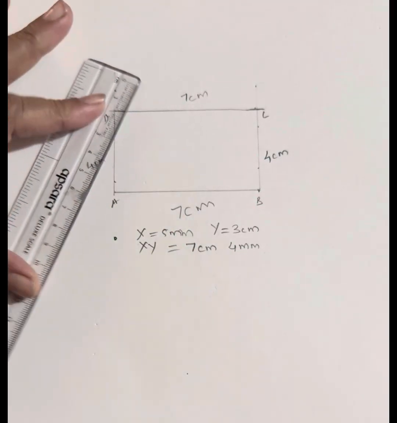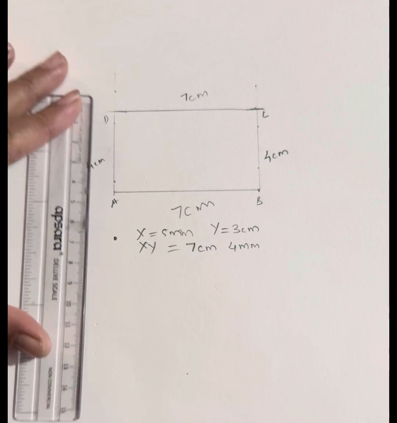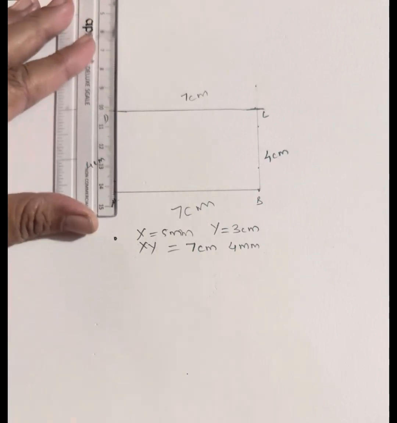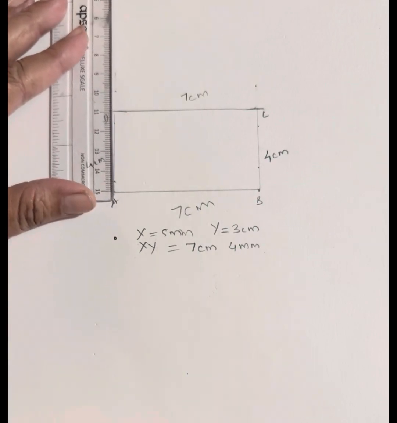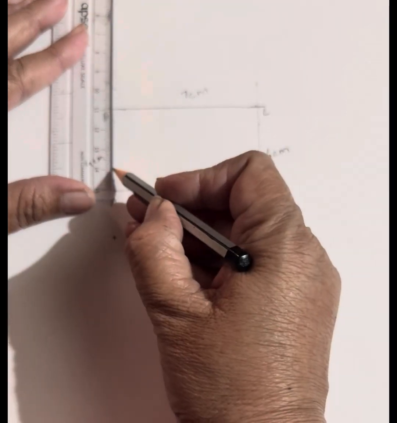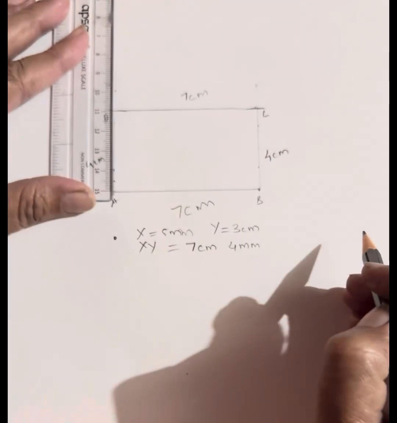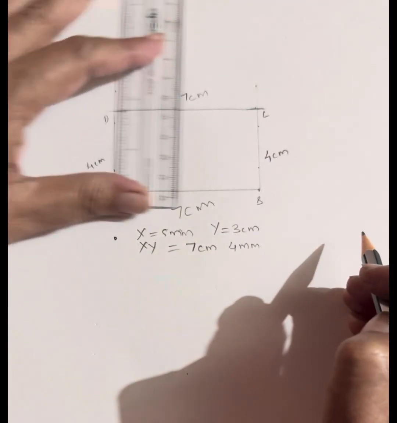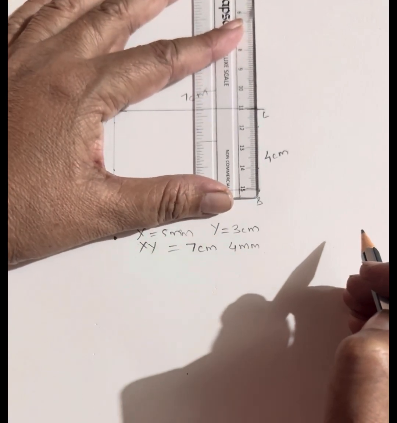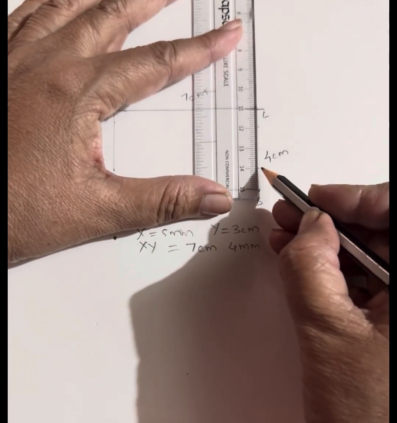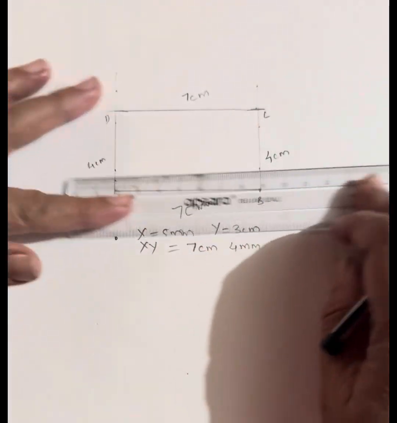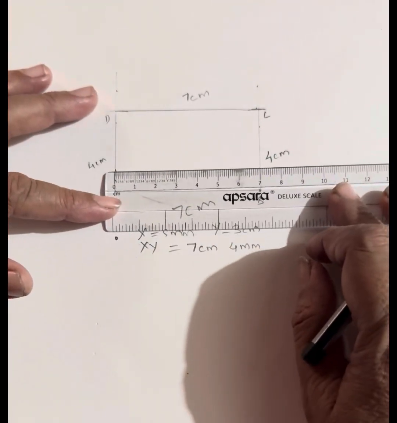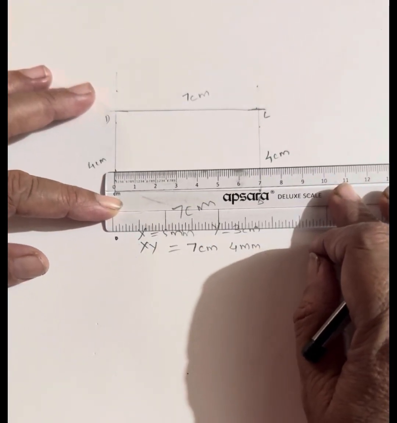Now X is 1 centimeter away from A. So I mark the point over here. And Y is also 1 centimeter away from B. Right? And then we measure the length. Now this has to be 7 centimeter, right?